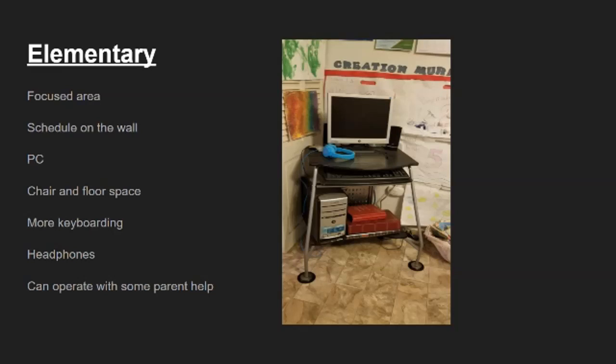In this area of elementary, they're doing a lot more keyboarding, and there's still parents helping out, but the children can do a little bit more than the mute and unmute as they do in the early childhood setting.